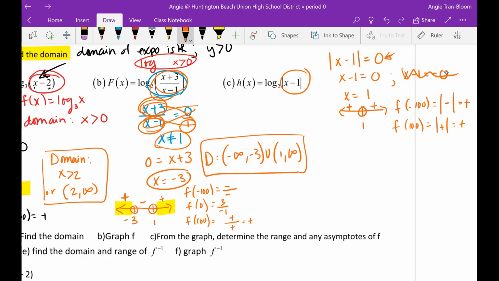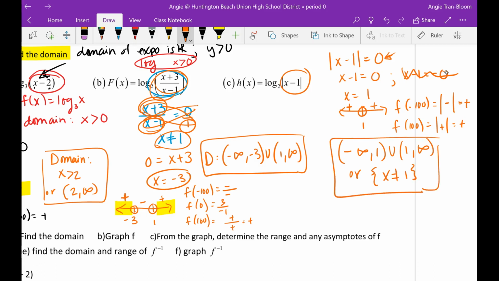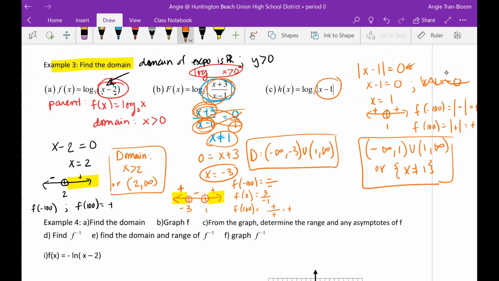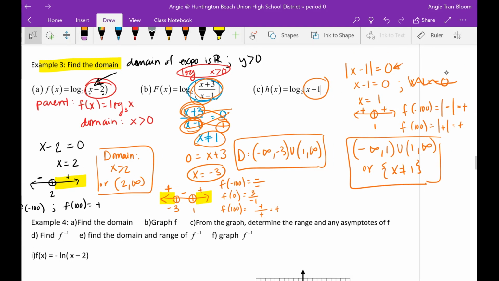So this is unique: it's going to be all real numbers except 1. We write negative infinity to 1 non-inclusive, and 1 to infinity, or you can write all real numbers except 1. It's up to you how you want to write your domain. If that is going too fast, go back and listen to it one more time. This is the end of our recording for example 3.